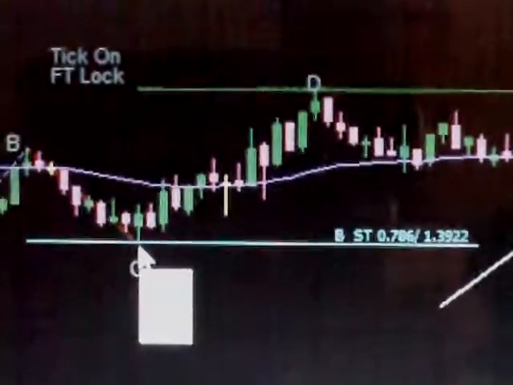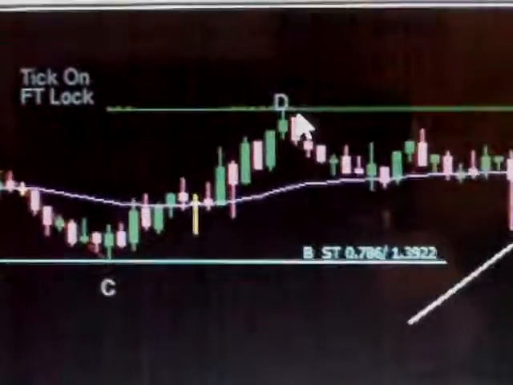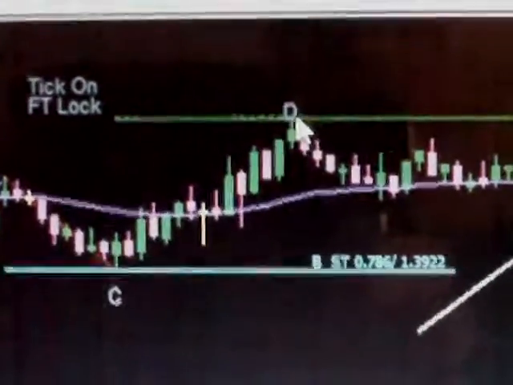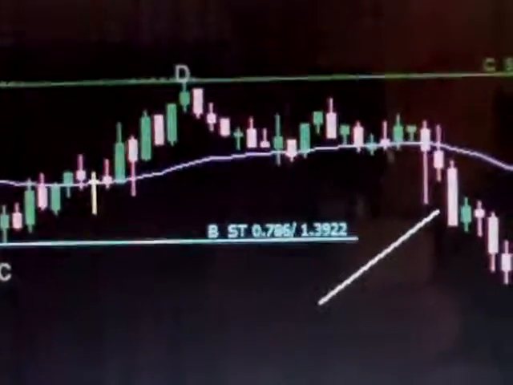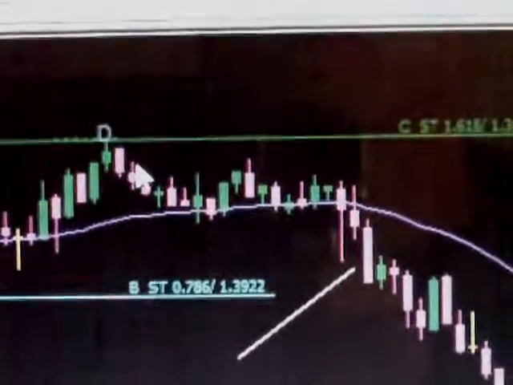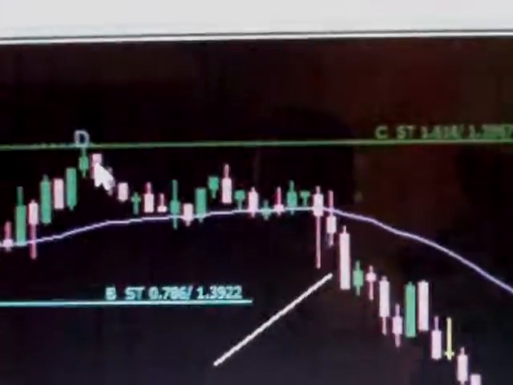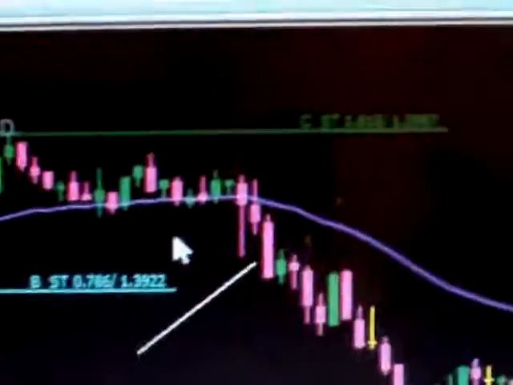So right there we know that a two-step is developing, and the two-step terminates at point D, which is the 1.618 of this decline from B to C. So this turns out to be a corrective rally in the context of a downtrend.